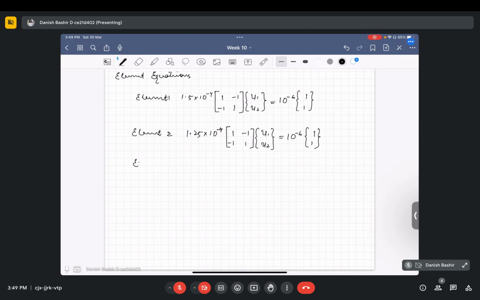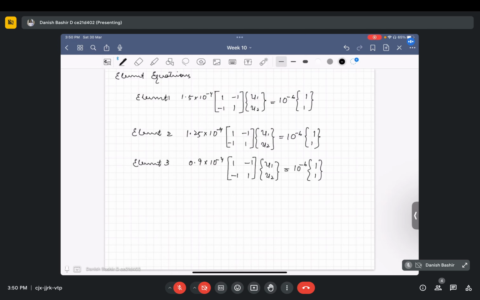For element 3, it is 0.9 into 10 to the power minus 4, 1 minus 1, minus 1, 1, u1, u2, equal to 10 to the power minus 6, 1, 1. Okay, we have all three element equations.